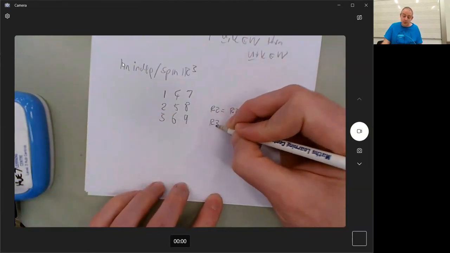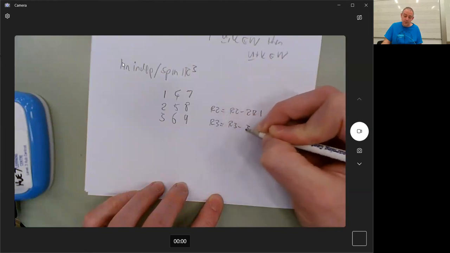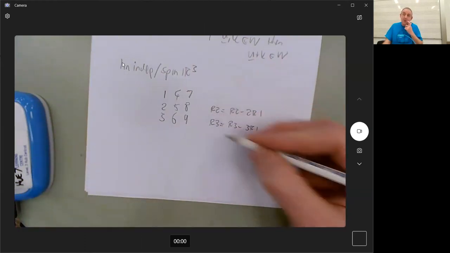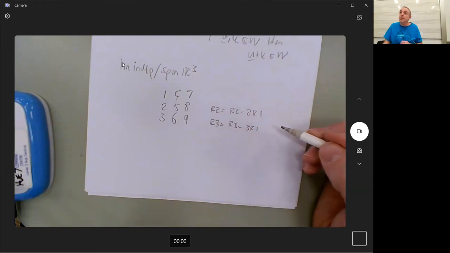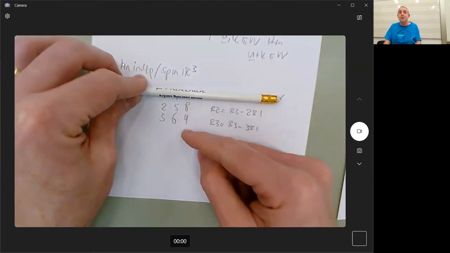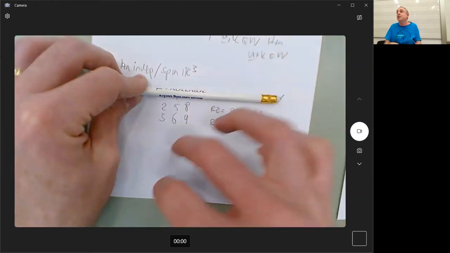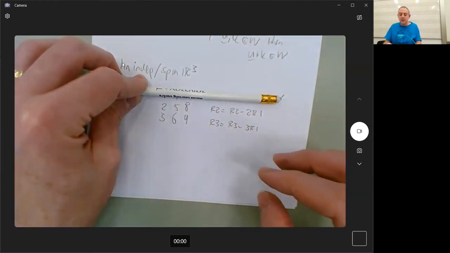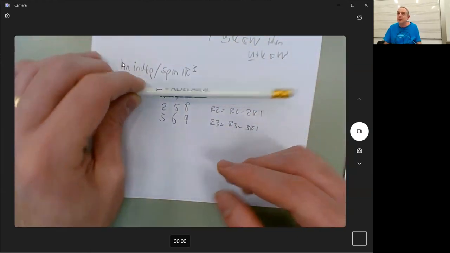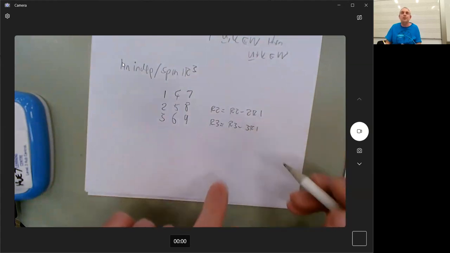And my new row 3 is the old row 3 minus 3 of row 1 to make a 0 in that spot. It is okay to do both of these row operations at the same time because they are using the same row and using row 1 to affect 2 different rows. But please don't do row operations that change row 2 and then change it again at the same time. So that's the only time you're allowed to do 2 of the same one.